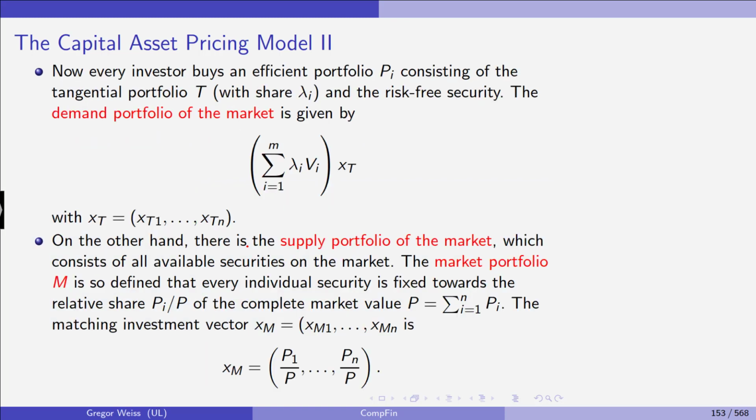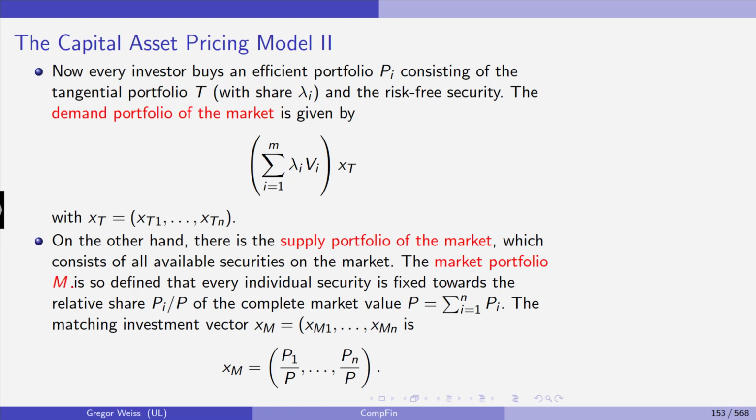Every investor now buys an efficient portfolio P_i consisting of the tangent portfolio with share lambda_i and the risk-free security. The demand portfolio is given by the sum over all V_i times lambda_i times x_T. On the other hand, we have a supply portfolio.